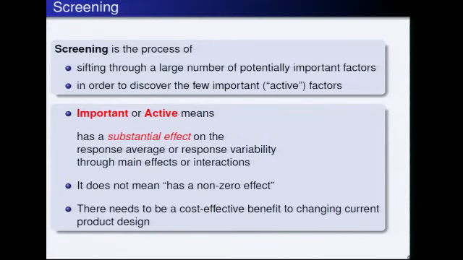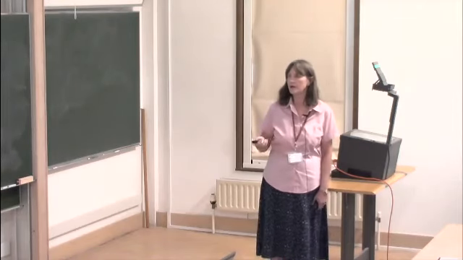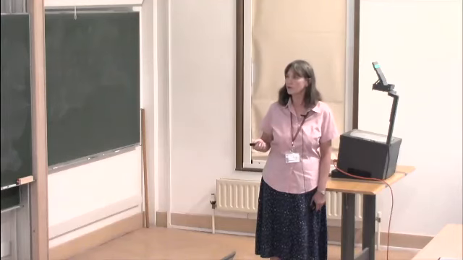What it doesn't mean is it just has a non-zero effect. So we're looking for big effects, at least relatively big effects of a few factors. And the reason for this is that oftentimes you're doing screening when the engineers already have a prototype, and they're not going to change the prototype unless they get a big cost benefit from doing the change.